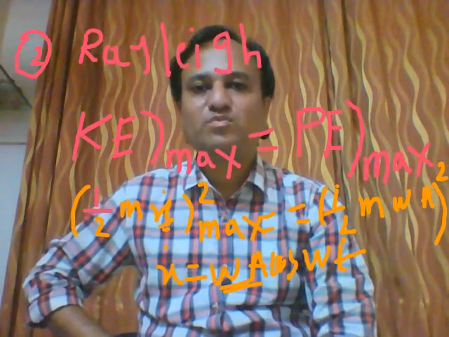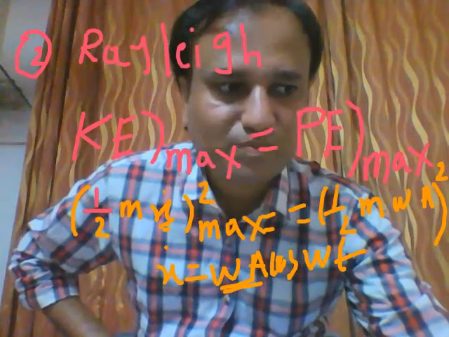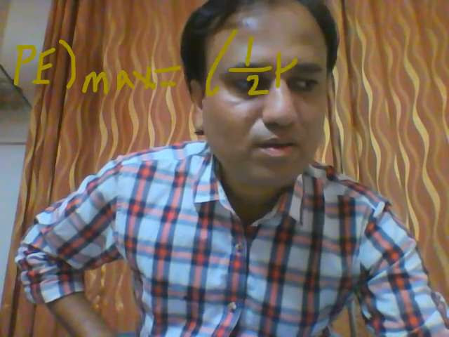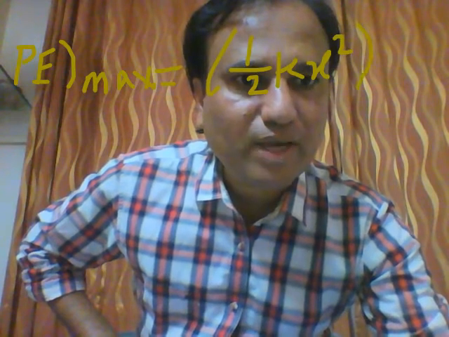Student, now we will calculate the maximum potential energy. PE max is 1/2 k x square, max.